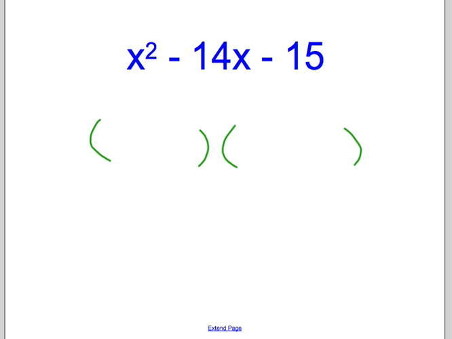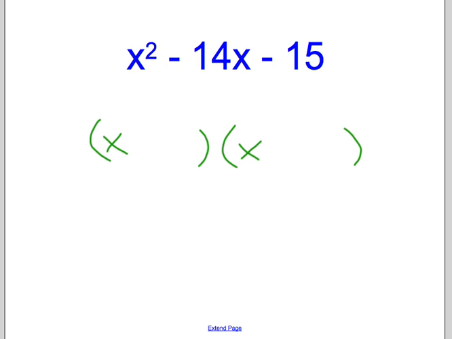It's 2 binomials. 2 binomials give us a trinomial, so when we factor a trinomial, it's going to give us 2 binomials. Then we know if we have the x squared, based on what I just showed you on the previous screen, that means you have to have x and x.